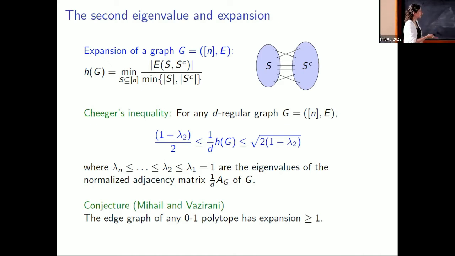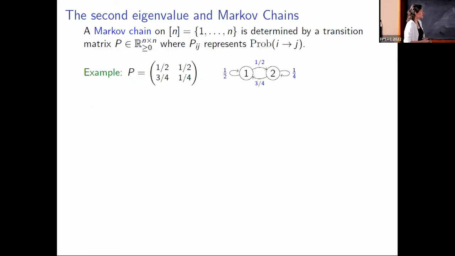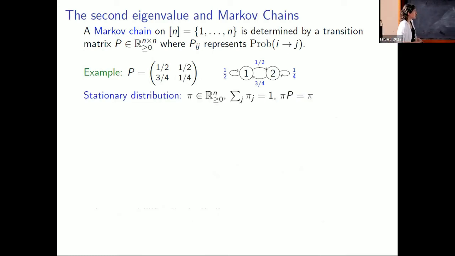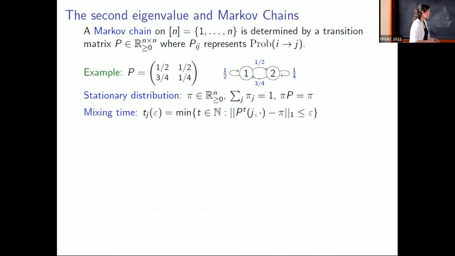But a closely related concept is mixing times in Markov chains. So if you have a Markov chain given by some transition matrix, here's a small example, and with some stationary distribution, with some details that I'm maybe leaving off, you could be interested in its mixing time. How quickly does any place that you start converge to this stationary distribution?